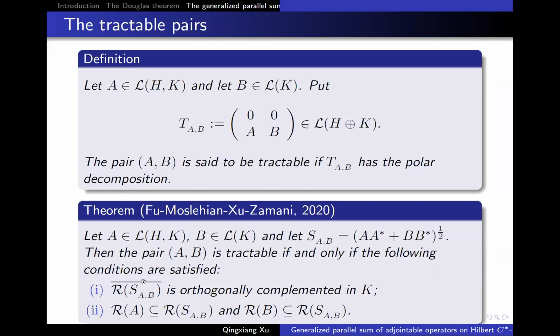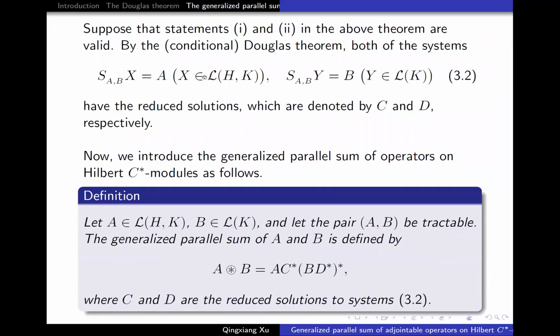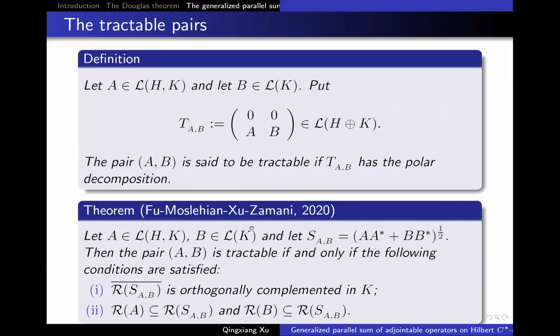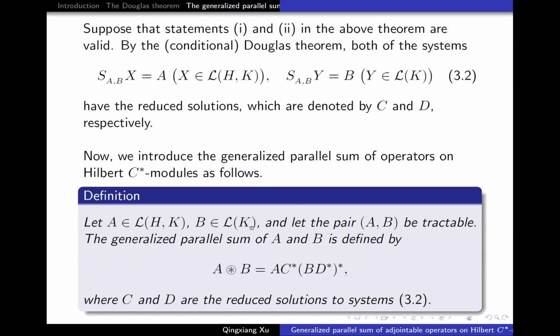And from these two conditions, we can use the general Douglas theorem. Now, suppose A and B are tractable. From these previous two conditions and the general Douglas theorem, we can reduce the solutions of these two equations. We call it a system because this X should be adjointable. And with the introduction of this C and D, now we give the definition of the general parallel sum in this way.